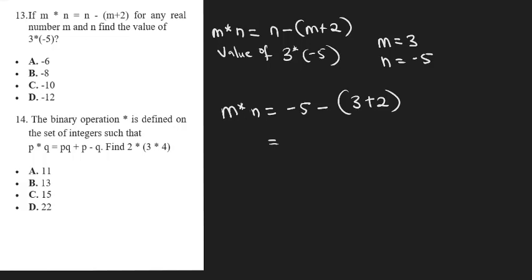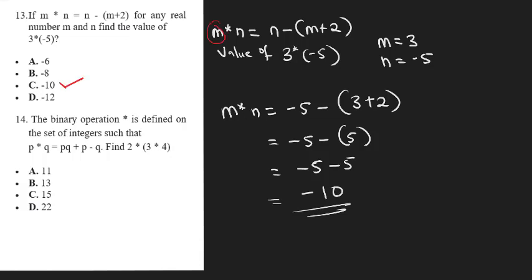So this equals minus 5 minus 3 plus 2, of course, is 5. So this is 5, so this equals minus 5 minus 5, which is equal to minus 10. So that's our answer. The answer here is C, right? So just equate it. This one will be the first number here, and this one here will be the second number. So let's move to the next question.